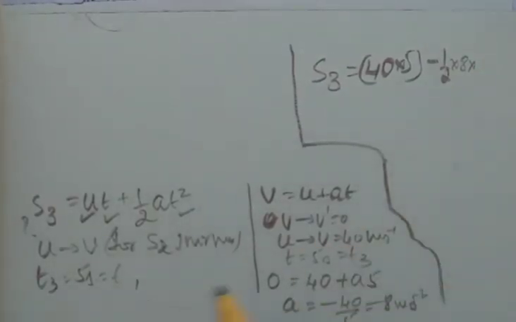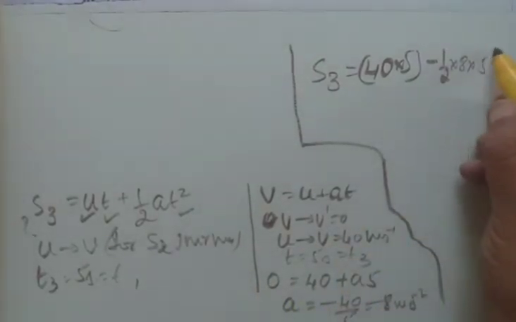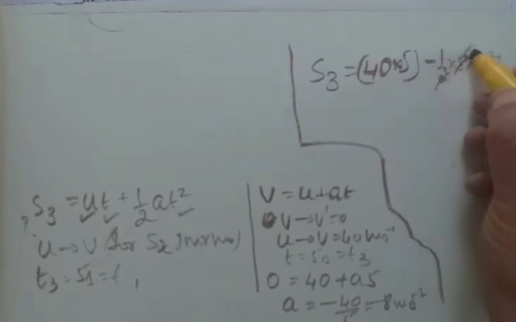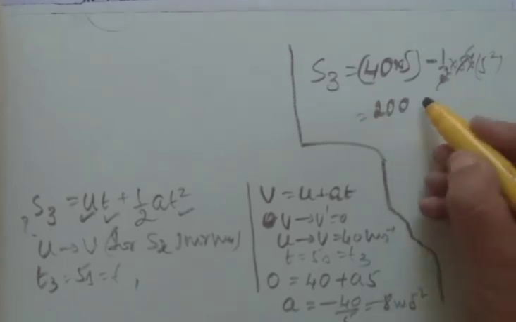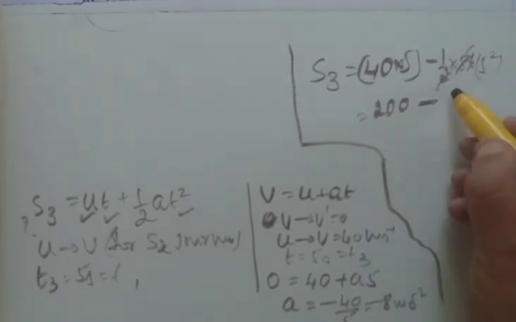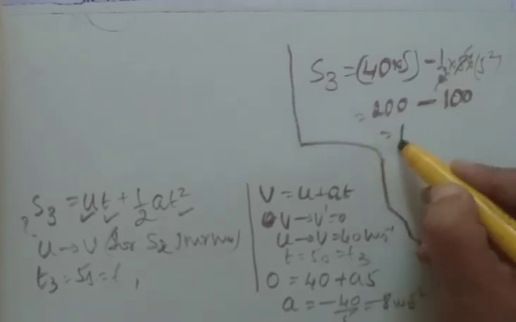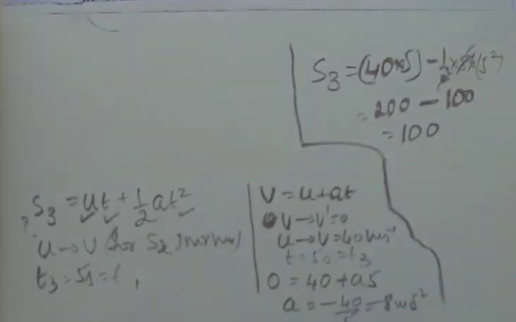What is T square there? T3 is 5 square. So this is 4 times 25, which is 100. So 200 minus 100. S3 is 100.